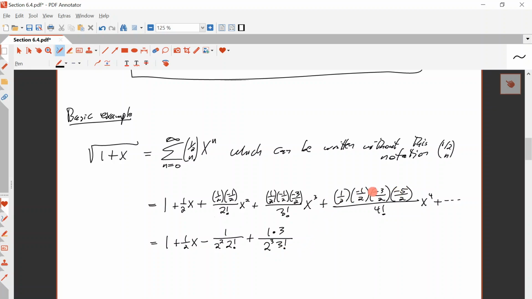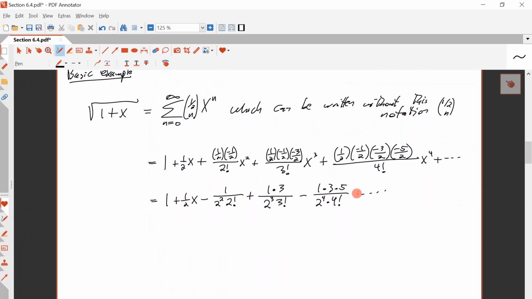This one is going to be minus 1 times 3 times 5 over 2 to the fourth times 4 factorial. So on and so forth. The next term is 1, 3, 5, 7 over 2 to the fifth times 5 factorial.